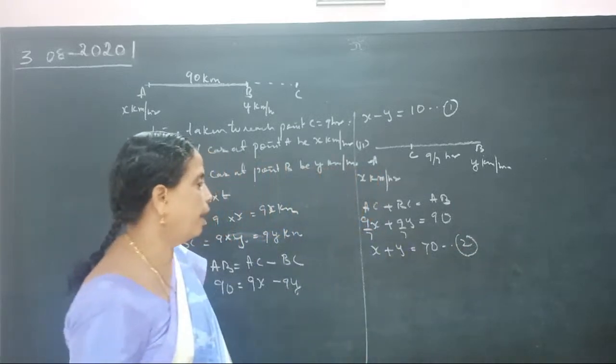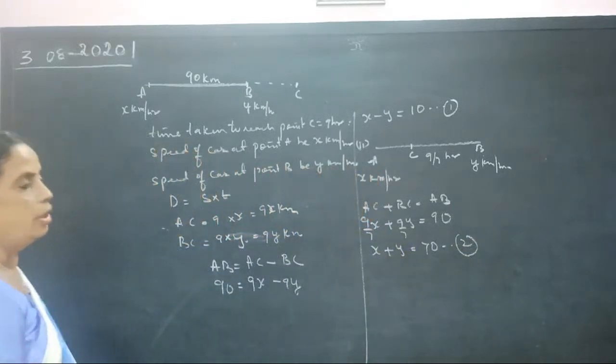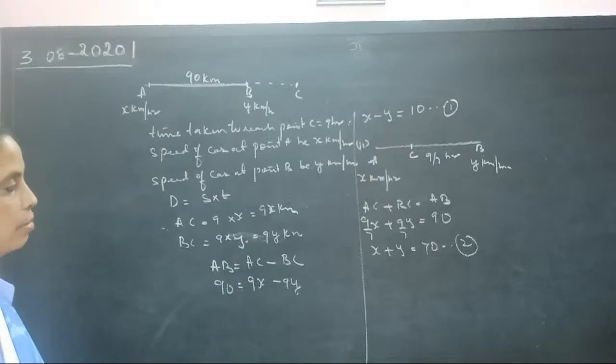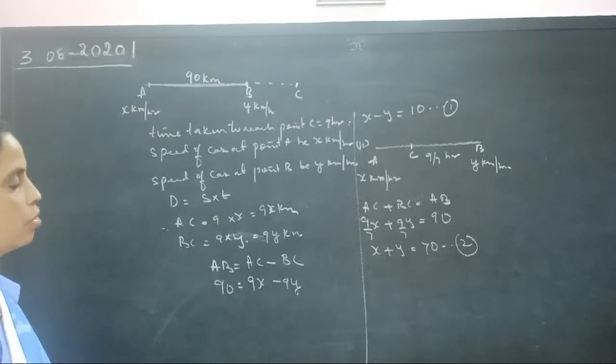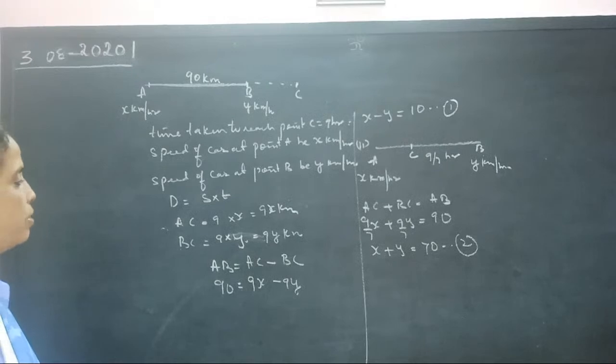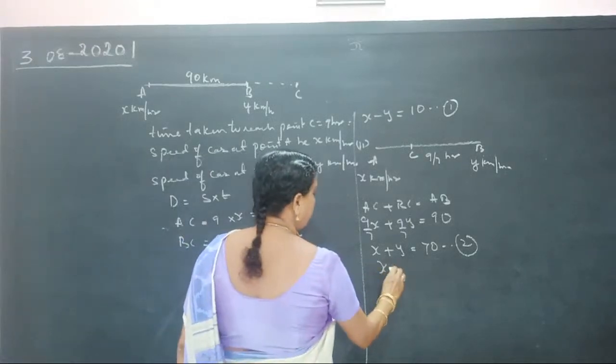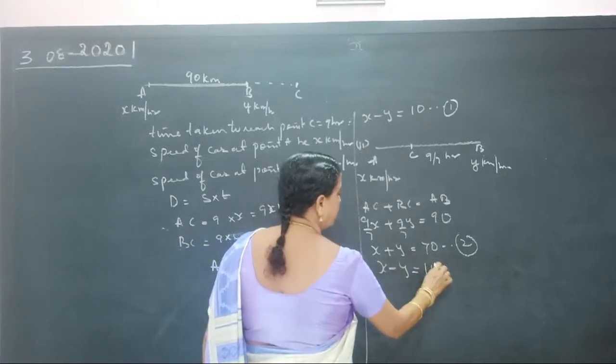Dividing by 9, you get x by 7 plus y by 7 equals 10. Cross multiplying, x plus y is equal to 70. The first equation is x minus y equals 10.